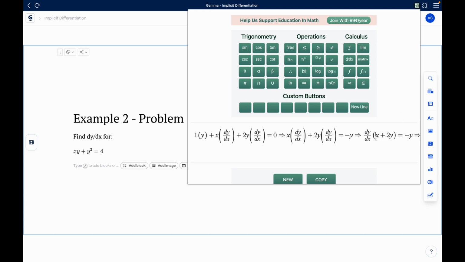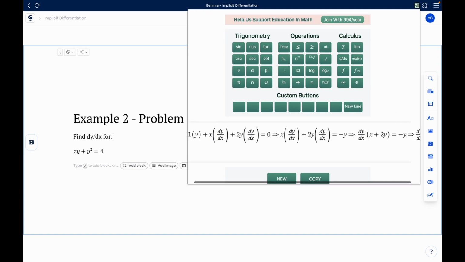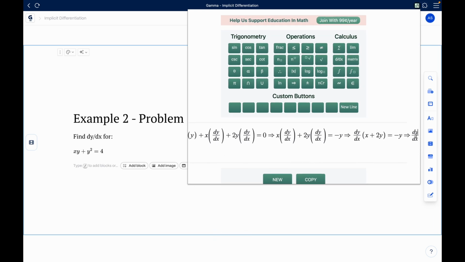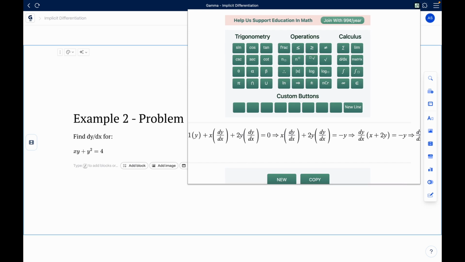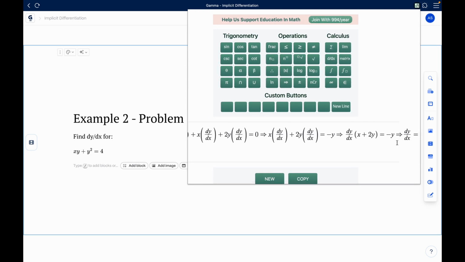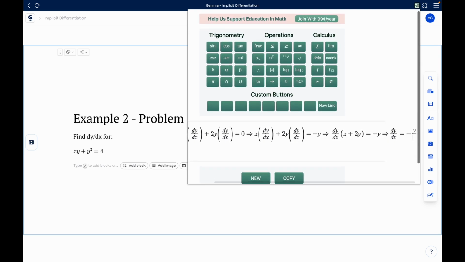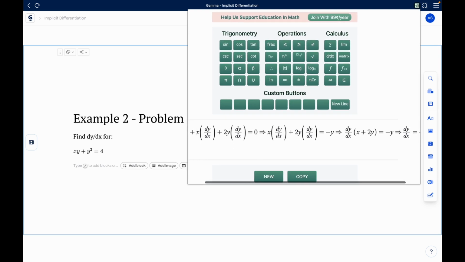So dy by dx, it's all the way on the right. It's a little hard to see, I'm sorry about that, but it should be okay. dy by dx is equal to minus y divided by x plus 2y.